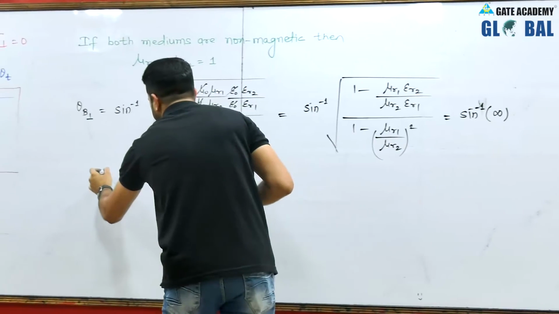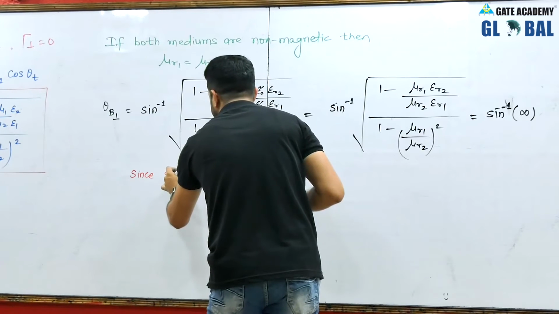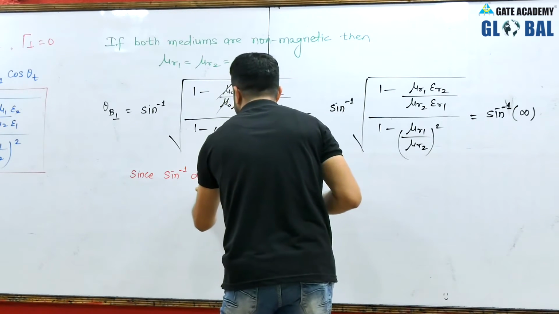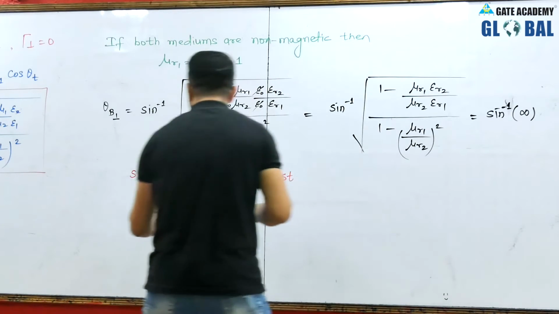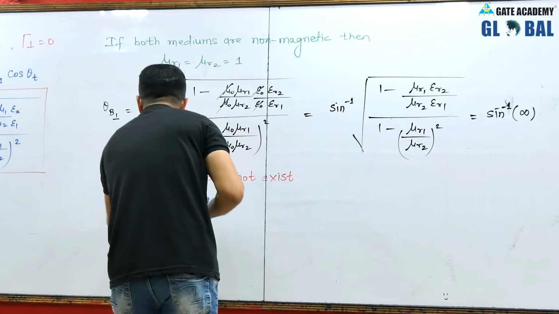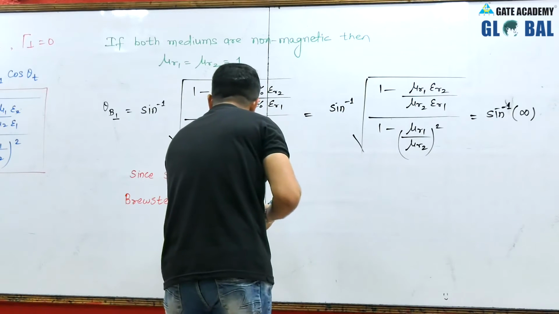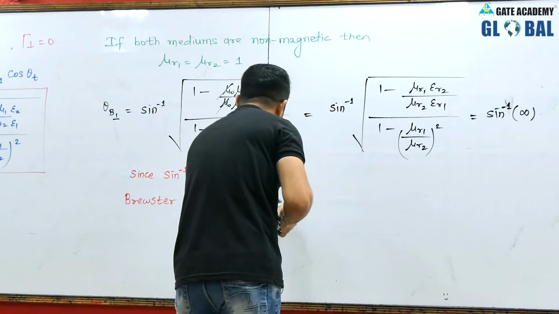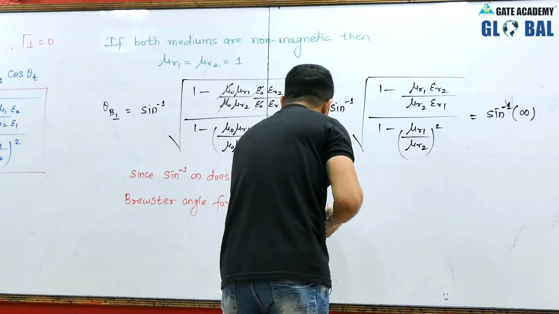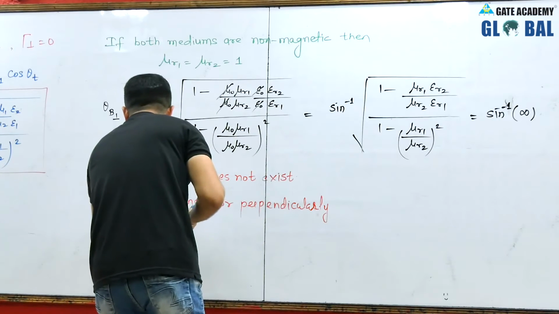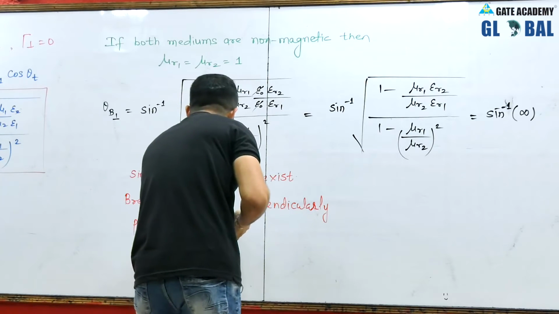So that is why, since sine inverse infinity does not exist, this is invalid: the Brewster angle for a perpendicularly polarized wave does not exist.